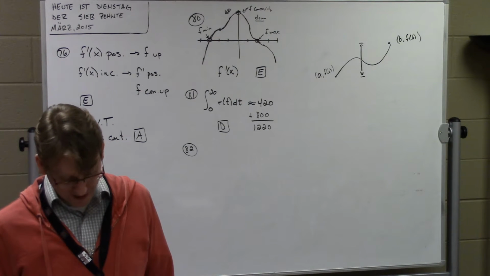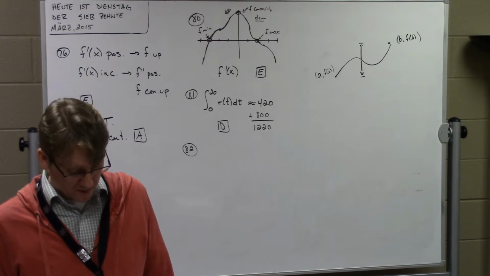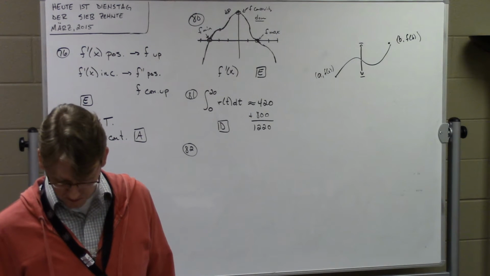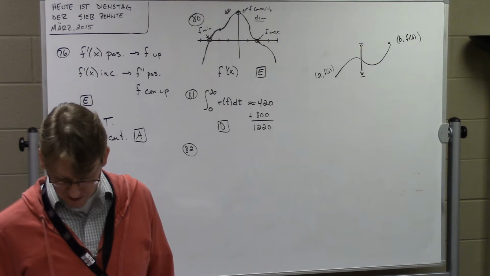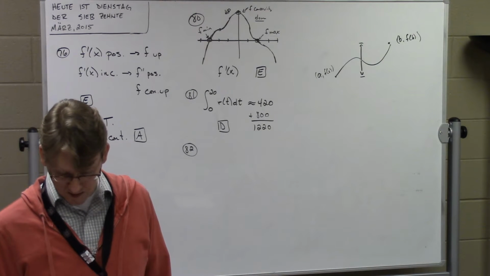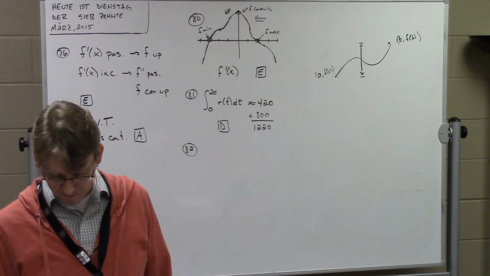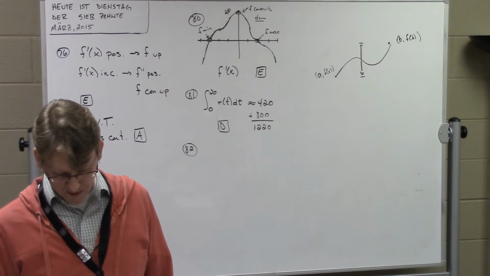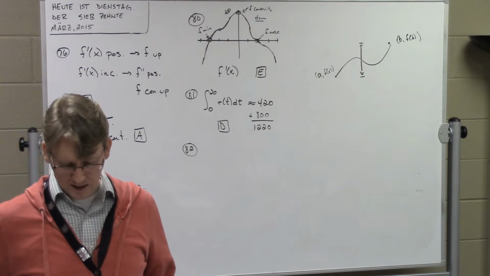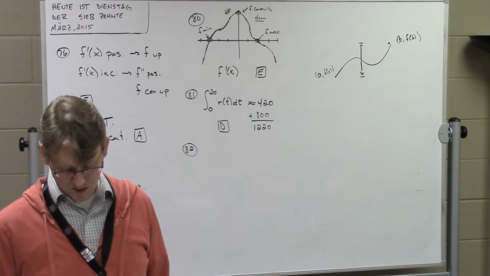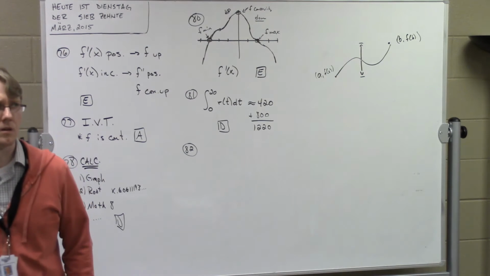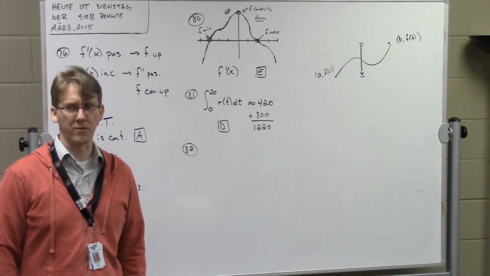And for my y's, I don't care too much about the y value, I just need to see where I'm changing from positive to negative. So like negative 1, 1. All right, so when I graph that, a local maximum means F prime has to go from positive to negative.